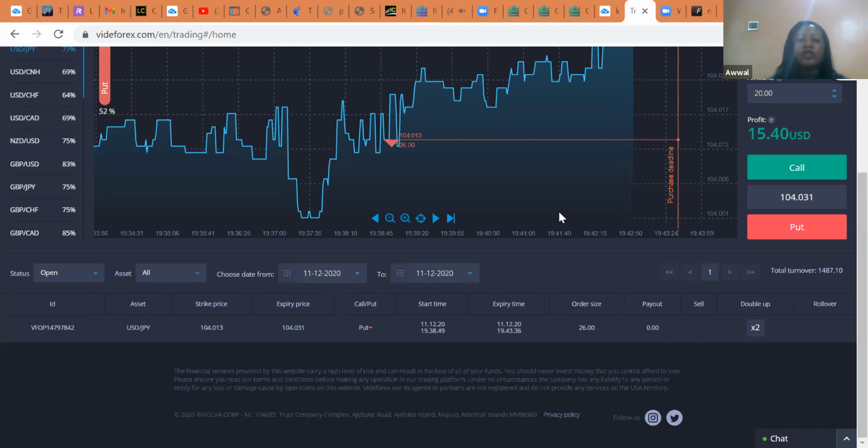Does price need to close above your entry or below your entry? Exactly. For a call, you want price to close above your entry. For a put, do you want price to close below your entry or above? Amazing, below your entry.